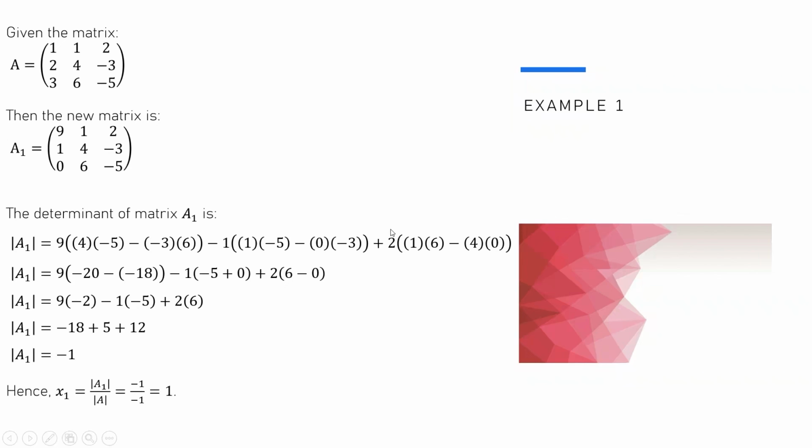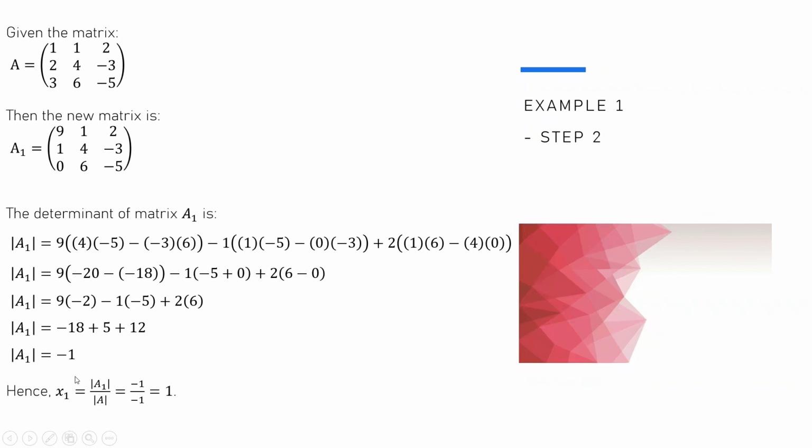Then we will have positive 2 multiplied by 1 times 6 minus 0 times 4, which gives 9 times negative 20 minus negative 18, minus 1 times negative 5 plus 0, plus 6 times 6 minus 0. The resultant is negative 18 plus 5 plus 12, and the determinant of A1 we will get is negative 1.